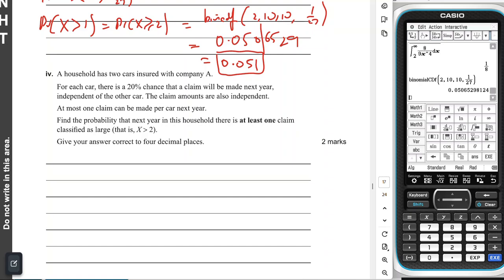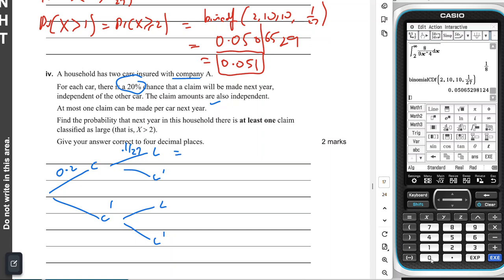A household has 2 cars insured with company A. For each car, there is a 20% chance that a claim will be made next year, independent of each other car. A claim is also independent. At most, one claim can be made per car. Okay, so I'm thinking that we can have a claim or not a claim, so 0.2, and it could be large or not large, and that's 1 on 27.